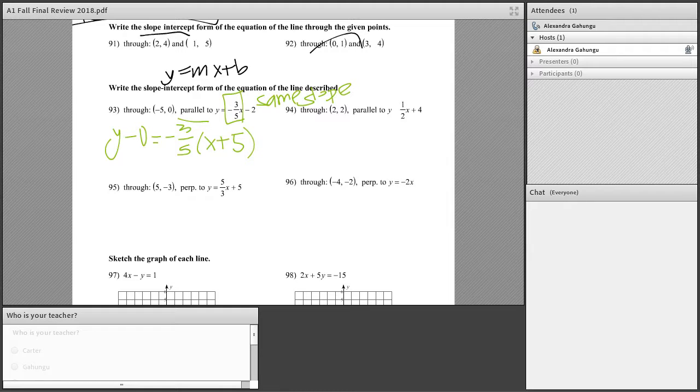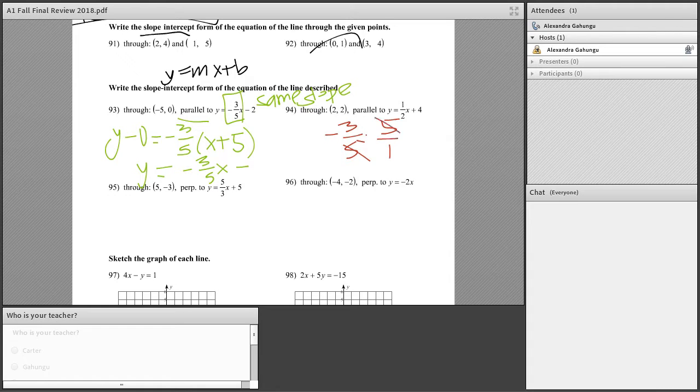And then lucky for us, it's y minus 0, so y minus 0 is just y, and then -3/5 x minus, and I've seen a lot of different things that happen when you multiply these, but -3/5 times 5 is like -3/5 times 5 over 1.